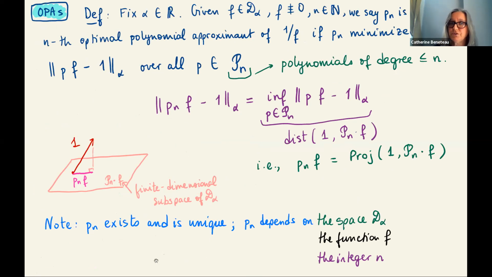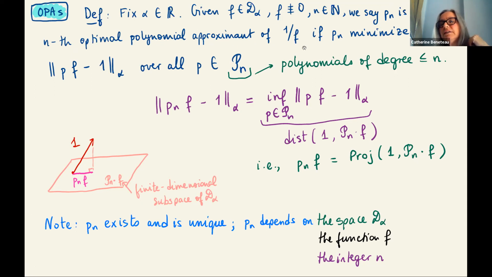Okay, so what are these optimal approximants? They're polynomials, first of all. I fix one of these spaces, which means I fix a parameter alpha, and I fix a function in the space and an integer n. I'm going to say that P_n, my optimal approximant, is the nth optimal polynomial approximant of 1 over f.